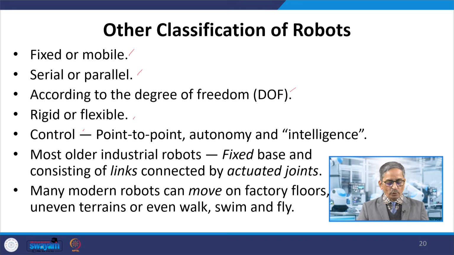Most older industrial robots were fixed base and consisted of links connected by actuator joints, and many modern robots can move on factory floors, uneven terrain, or even walk, swim, and fly.